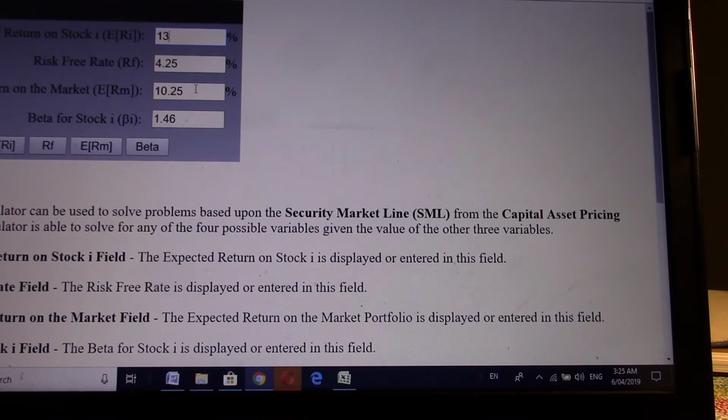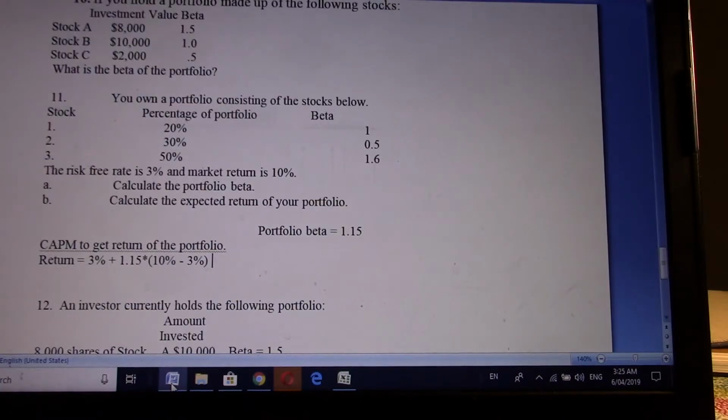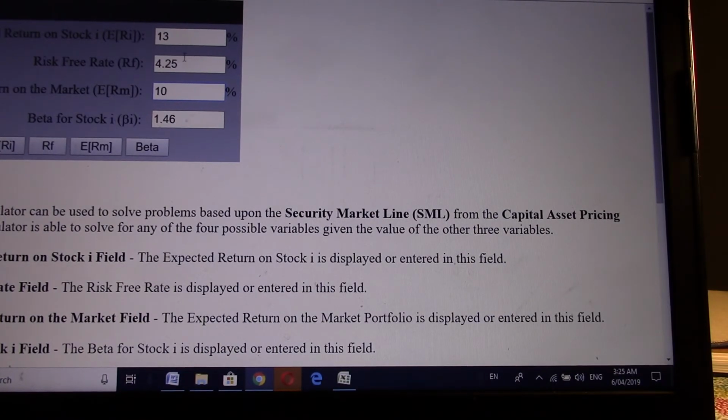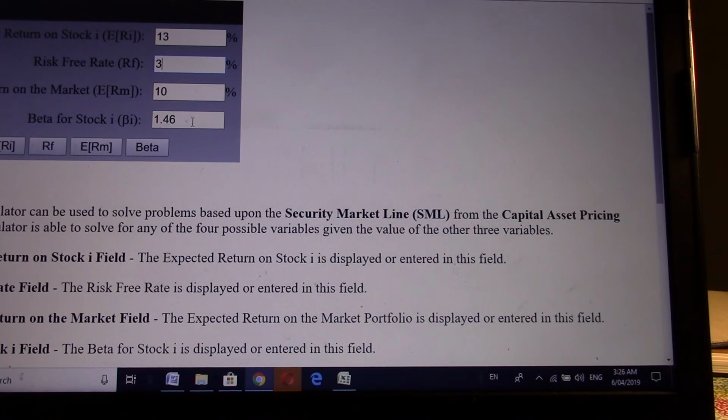So market return is 10%, and risk-free rate is 3%, and beta is known. Beta is 1.15. So what's not known is the portfolio's return. So now you click on this return button. So 11.05% should be the answer.